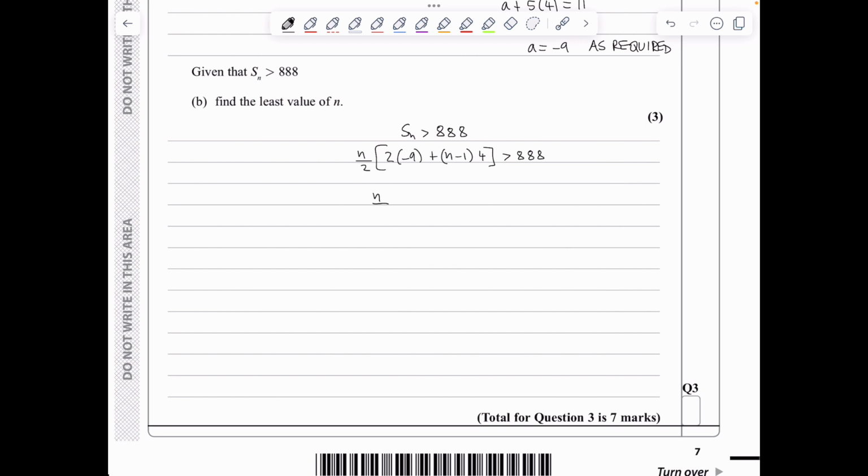I will expand to get n over 2 times (minus 18 plus 4n minus 4) being greater than 888, which leads to n over 2 times (minus 22 plus 4n) is greater than 888.